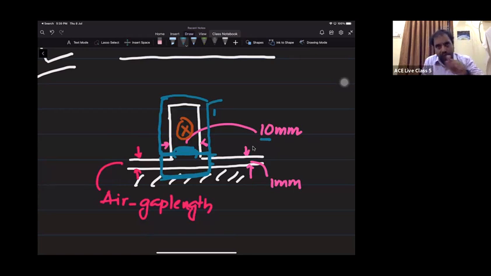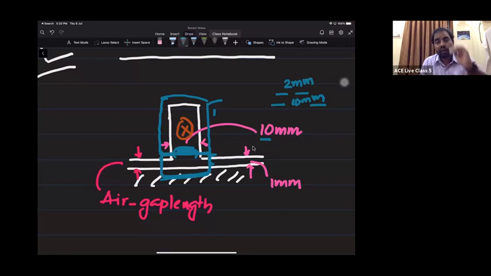So finally, this flux line to complete the path is finding two ways. One way is to complete within the stator, but then it has to travel 10 mm in air. If it is crossing the air gap, it has to travel 2 mm in air. Which path is offering low reluctance?